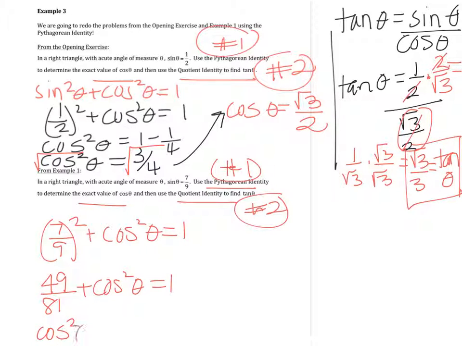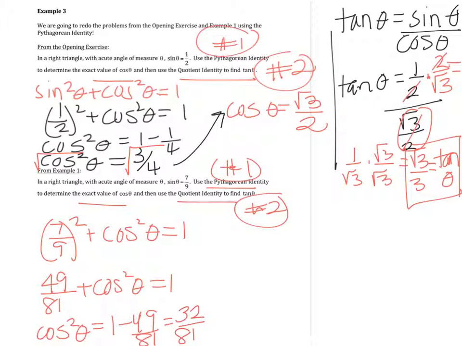Cosine squared of theta is equal to 1 minus 49 over 81. Your calculator does that for you, so in effect we get 32 over 81.